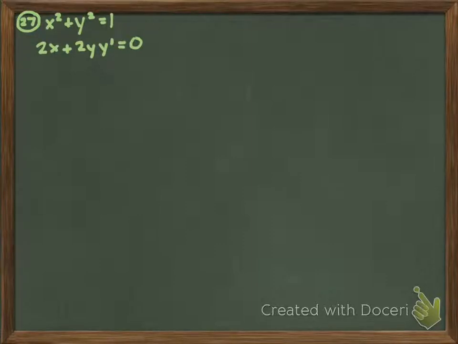And I'm not going to have a 2 because I just divided through by it. And I've got y prime equals negative x. See what I did there? And then I'm going to divide by y and get negative x over y as my first derivative. Yes? So there's the first part of my job done, but now I have to take the derivative of that.